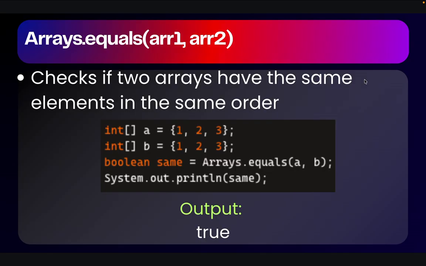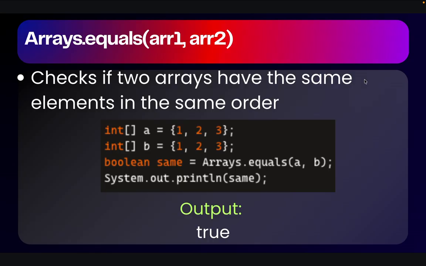That means if, for example, array A has 1, 2, and 3, but array B has 2, 1, and 3, those two arrays are not equal. Both must have the same elements in the same order for this equals method to be true.